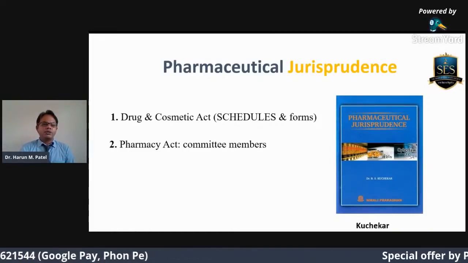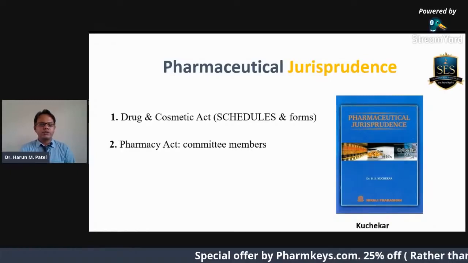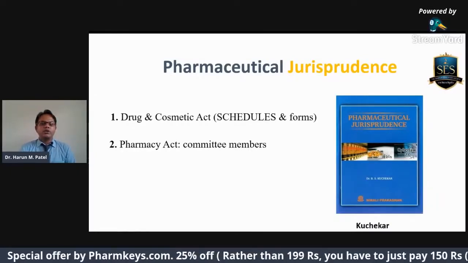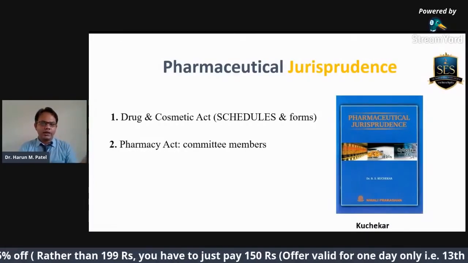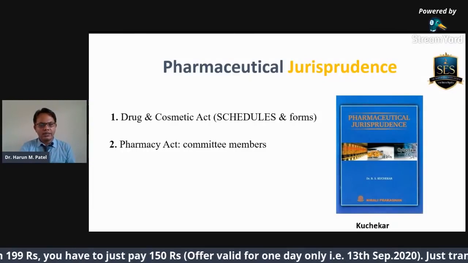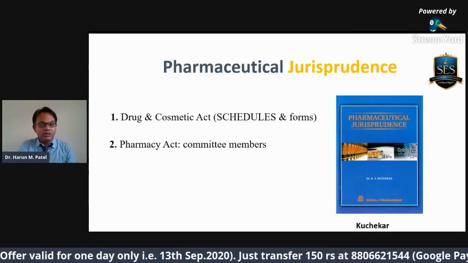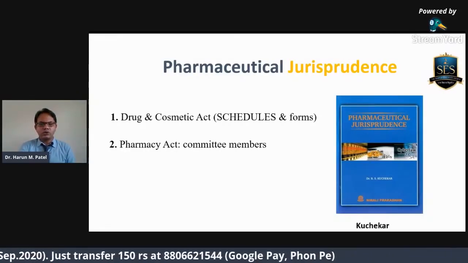The next important act which you should read in pharmaceutical jurisprudence is the Pharmacy Act, where you have to read the different kinds of members who are the head of that community and how they have been selected. And you should not take pharmaceutical jurisprudence very seriously. Hardly one, or at the max two, questions will be there on it.